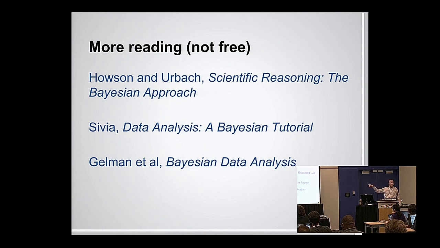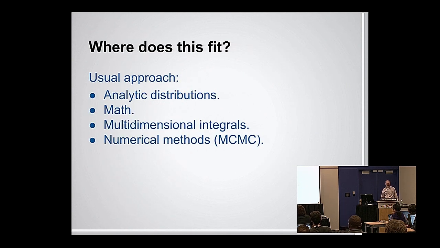These are more mathematical. So my thesis here is that you can get started with a lot of Bayesian stuff without doing any math. This is the usual approach: people start by doing a lot of analytical distributions. They do a lot of mathematics, which means if you pick a random Bayesian book and open it to a random page, there will be nasty integrals all over that page.